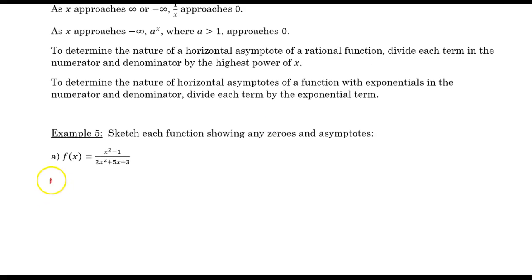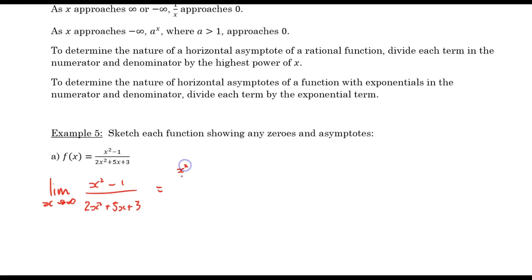So what I want to find, first of all, is the limit as x approaches infinity of x squared minus 1 over 2x squared plus 5x plus 3. What happens when x gets very large? That's essentially what that means. Well, we're going to divide everything by x squared.